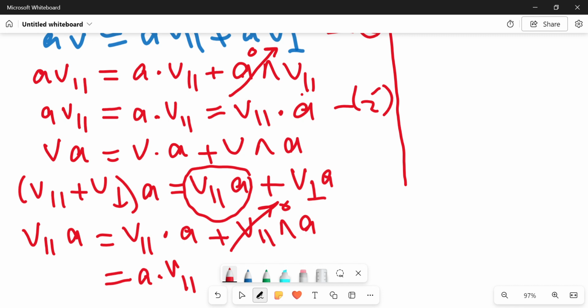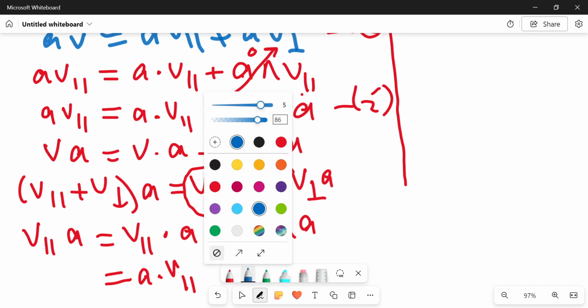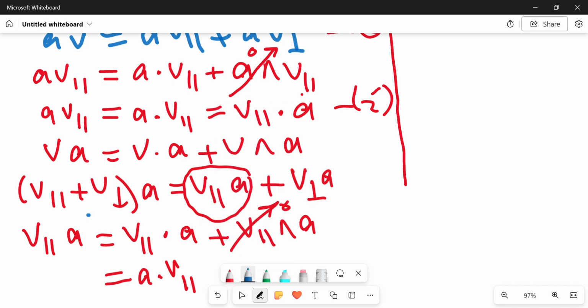So the geometric product V parallel A. Look at V parallel A here, and A V parallel. Both of them are A dot V parallel and V dot A, because these two commute.